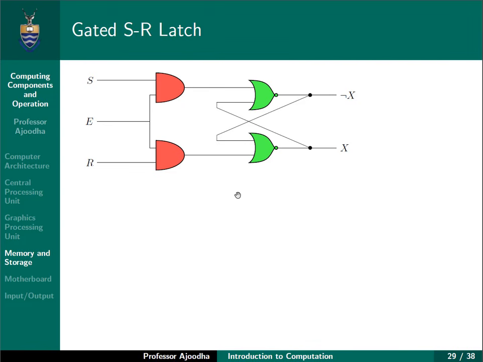The idea behind having these AND gates is to say that if my S is a 1 and my E is a 1, then only then will the output be a 1. And if S changes because of some kind of glitch, then it'll be interpreted as a 0.